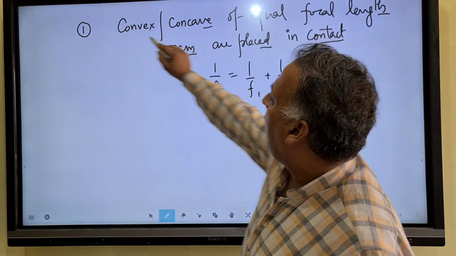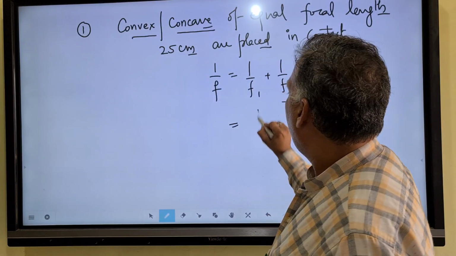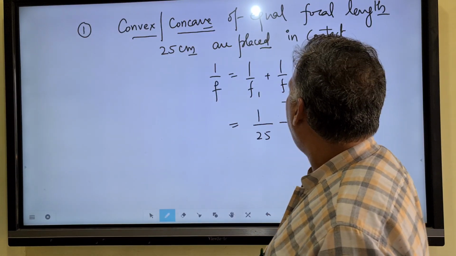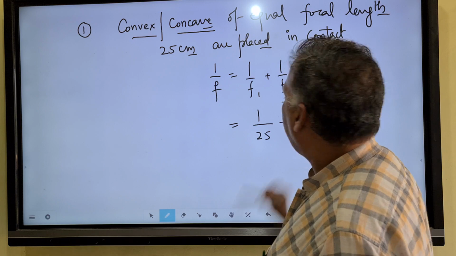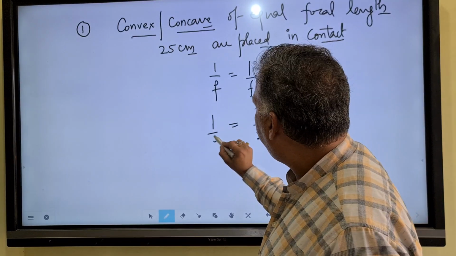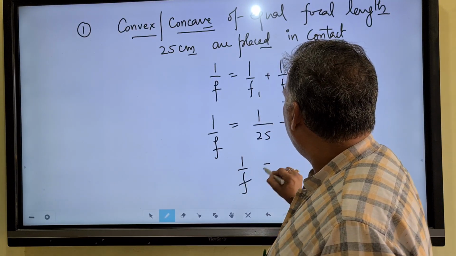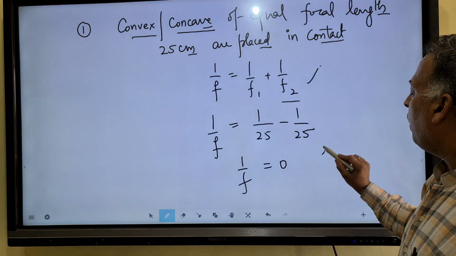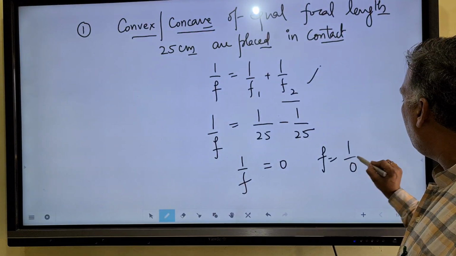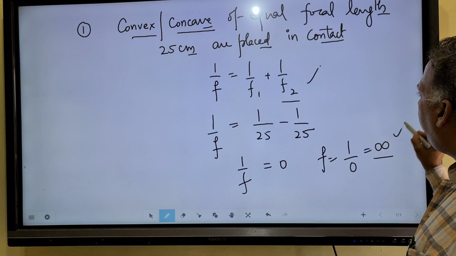Here one is convex, another is concave. Convex has a plus and concave has a minus. So 1 by f becomes equal to 0, so f becomes 1 by 0, so it becomes infinite.